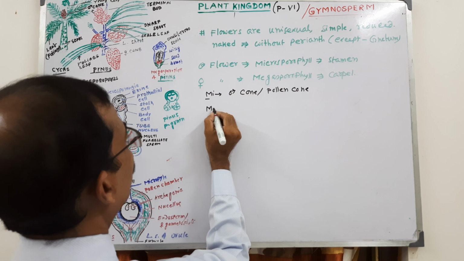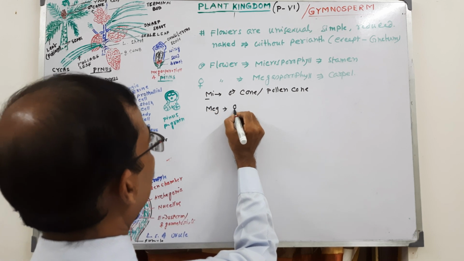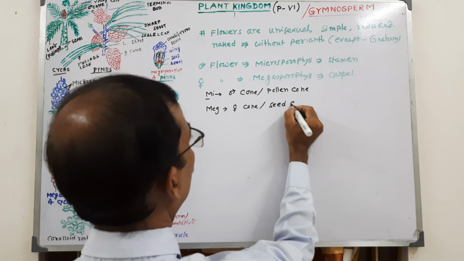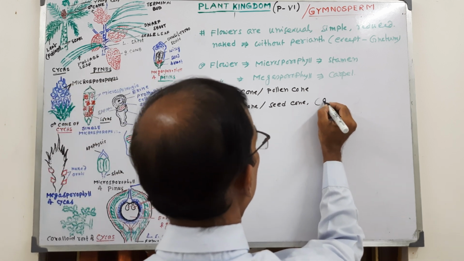Whereas megasporophylls form the female cone or seed cone, though a female cone is absent in Cycas.